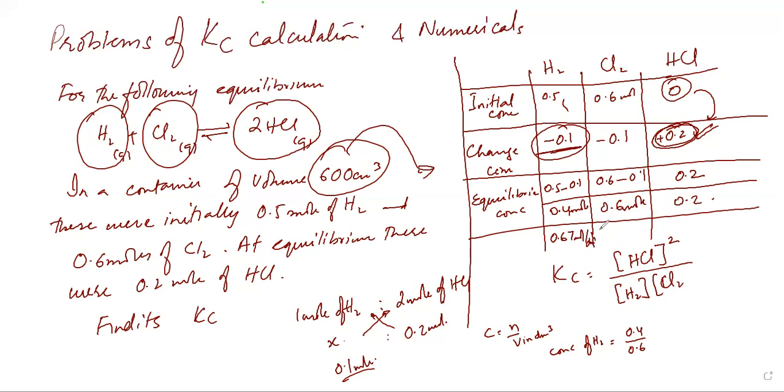Similarly, इसको देखो, this becomes 0.5 over 0.6. So this becomes 0.83.